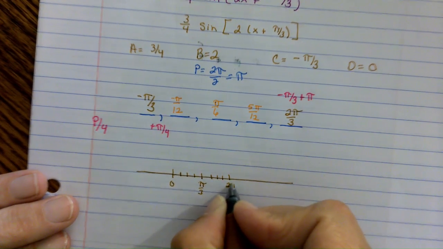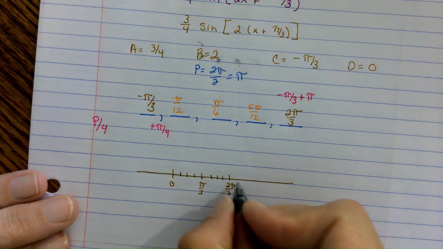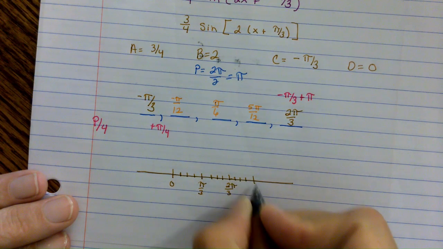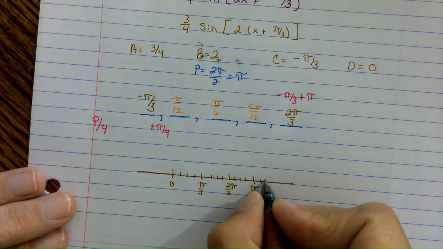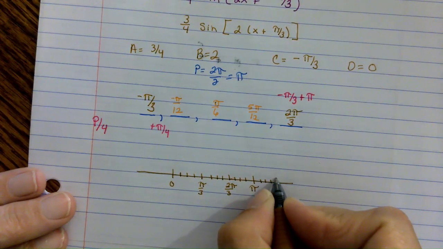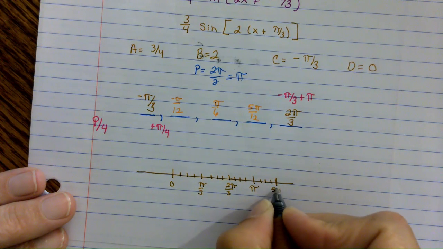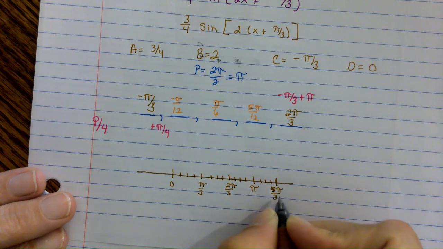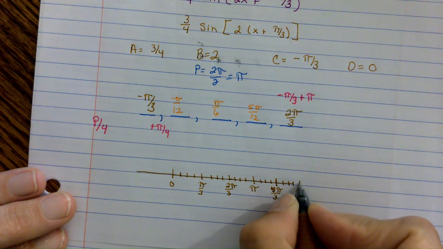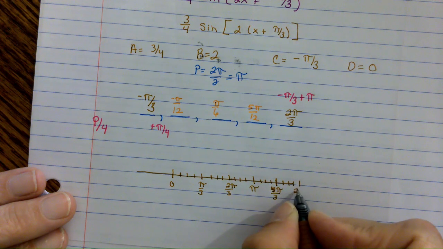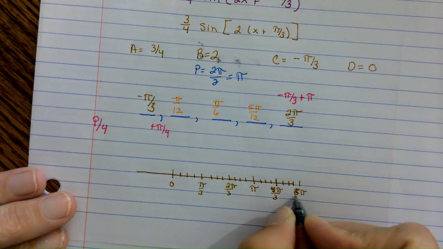That's 2 pi over 3. 1, 2, 3, 4 twelfths. There's finally pi. 1, 2, 3, 4. That would be 5 pi over 3, right? No, 4 pi over 3. 1 1/3. 1, 2, 3, 4. There's 2. There's our 5.